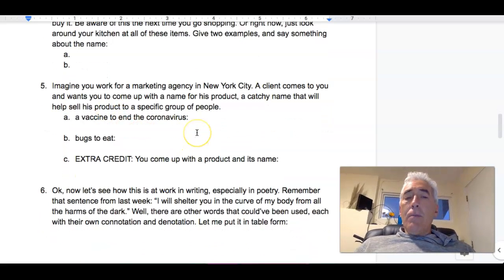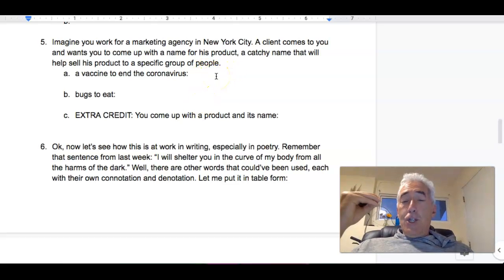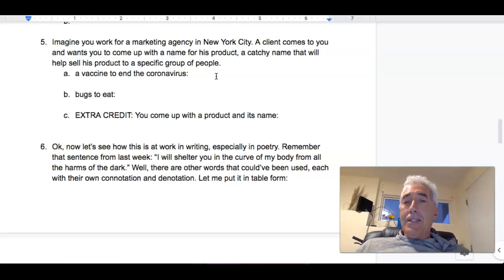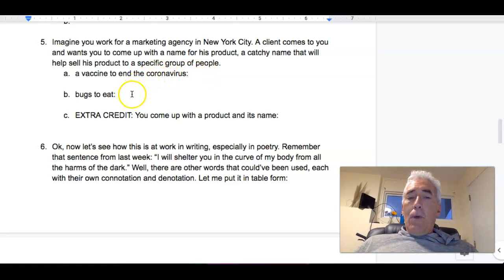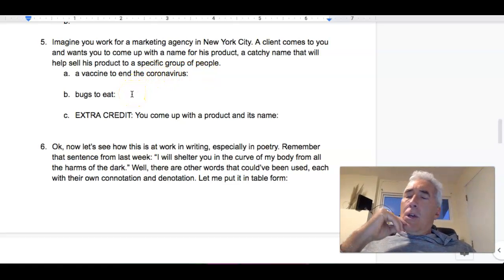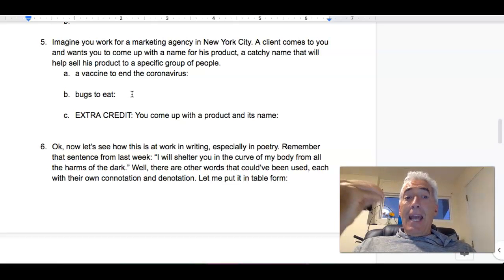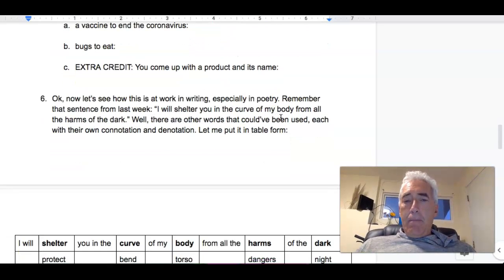Okay, then I have you come up with, as a marketing agency, the name for a vaccine that ends the coronavirus, something that's really catchy. What if a company said, we have this product of bugs to eat. Can you come up with a name that's catchy? And then just for a point of extra credit, come up with another product yourself and its name.